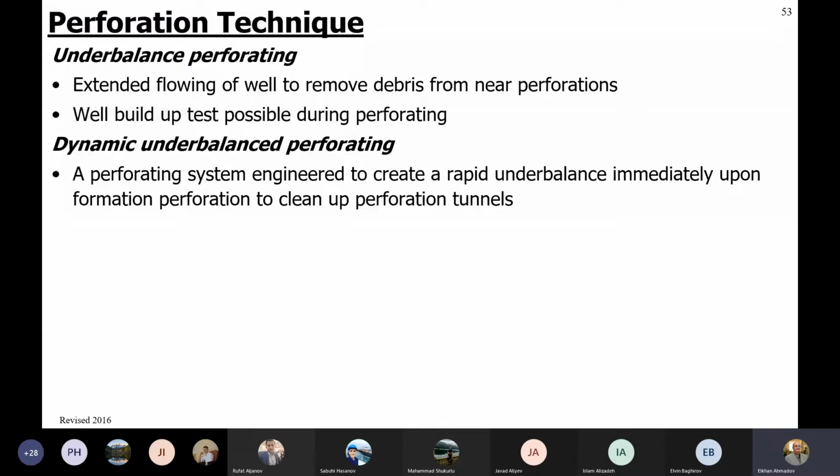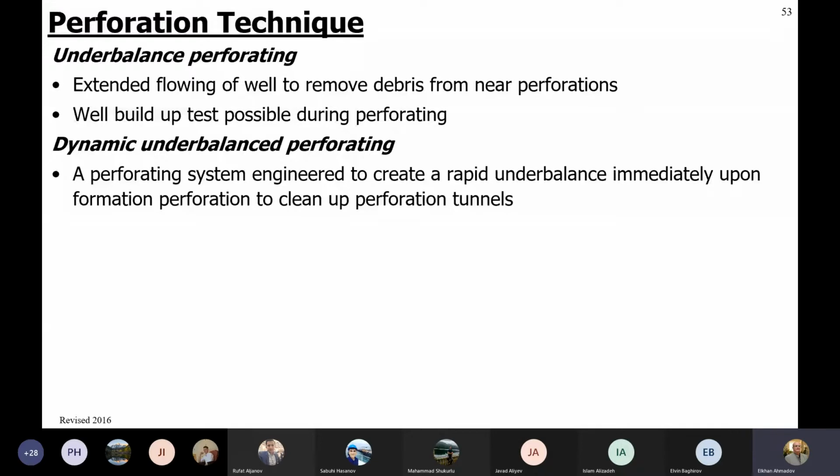during the perforation, exactly during the perforation, and by that we can create underbalanced conditions, and the fluid at the moment of the perforation will be flowing into the well, cleaning the perforation tunnel from the debris, from the jet materials, from the crushed rock materials.